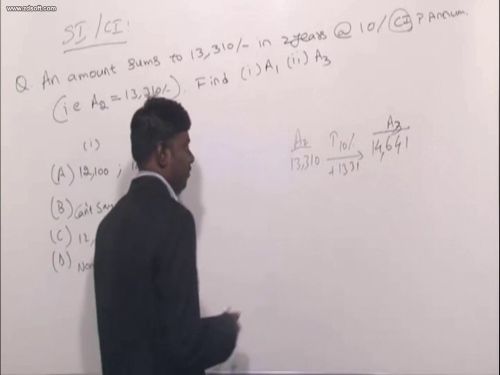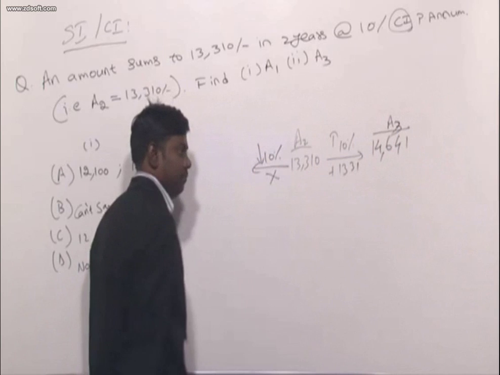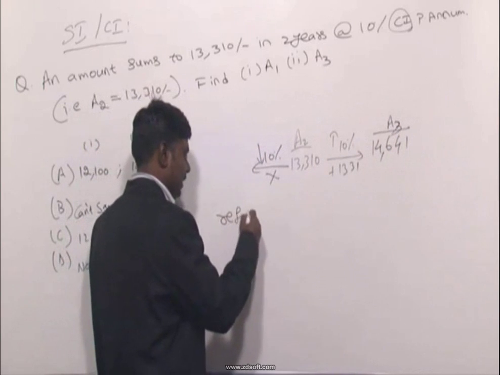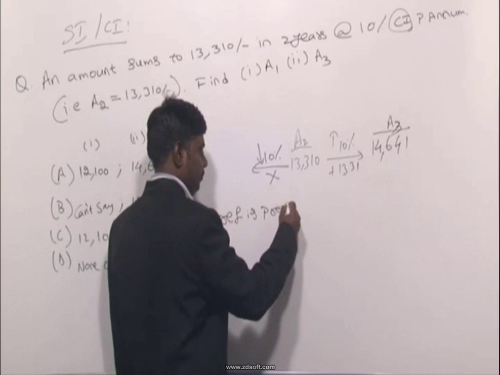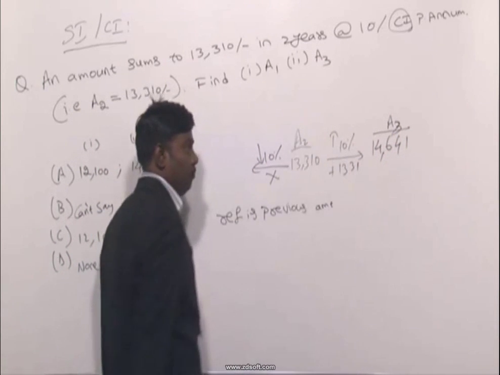Now how to find A1? You cannot do it like this. Why? Because the reference is the previous amount in case of compound interest.